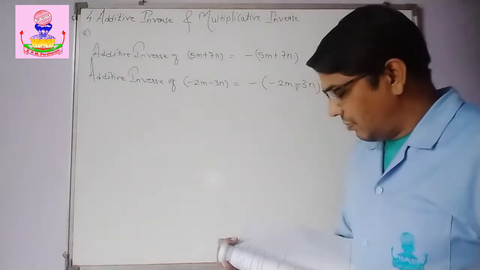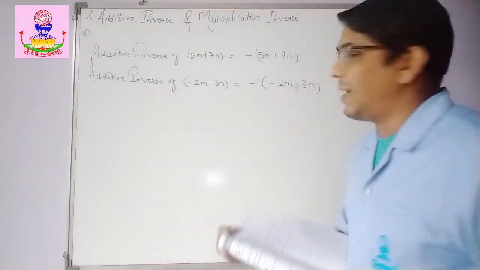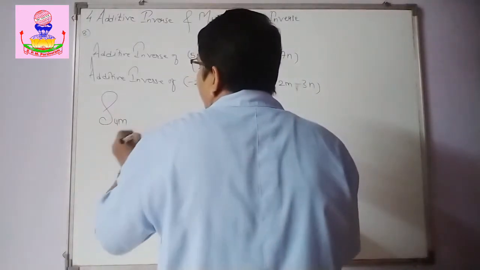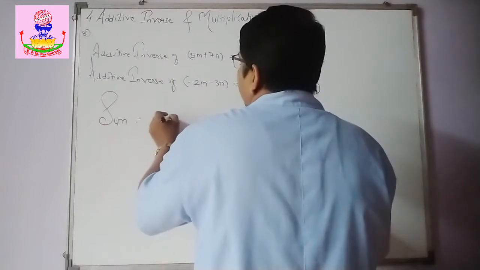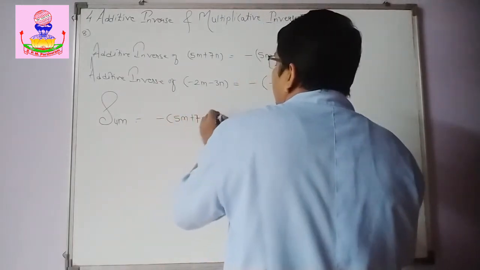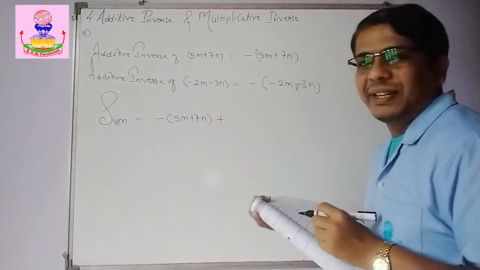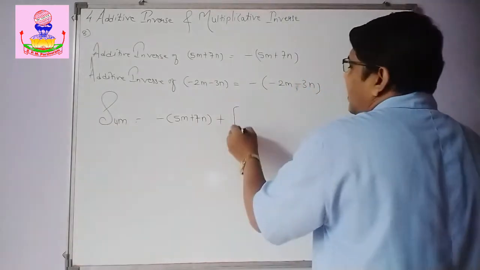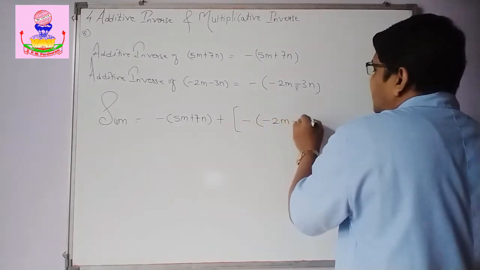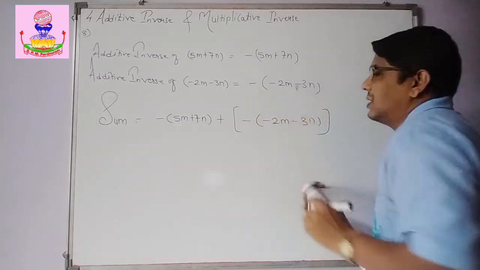Okay. Now we got the additive inverse. We have to find their sum. So their sum. Okay. So what is it? Minus (5m plus 7n) plus. Now your big bracket, minus (minus 2m minus 3n).